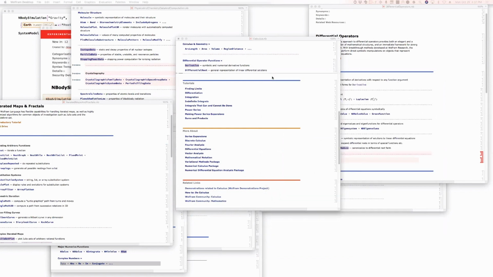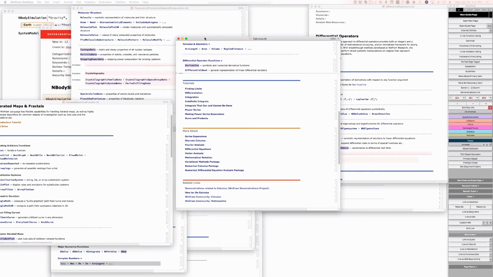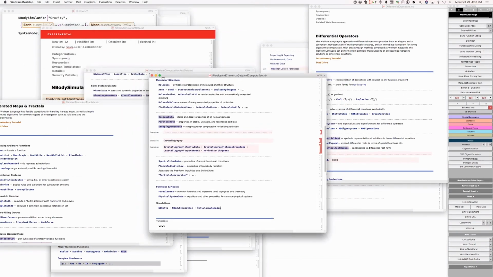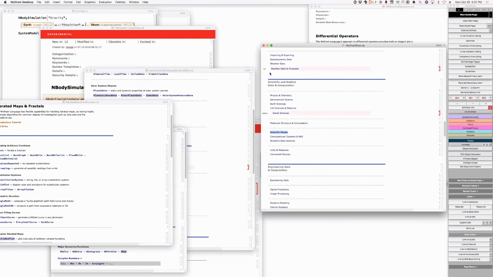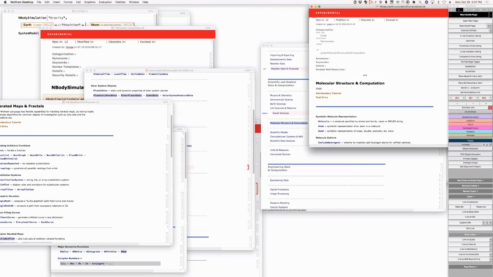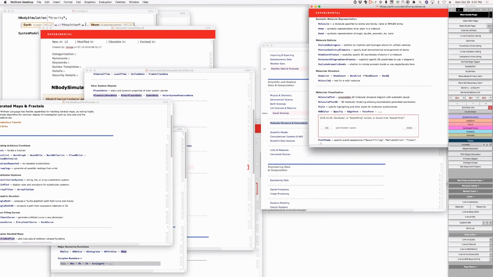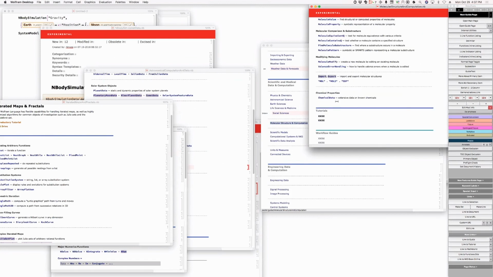Okay, let's just think about where else we're going to put this. NBody. I think this is a reasonable set of places. As long as, I think the differential equations page is really important, and physics, okay, astronomy, that seems to cover it. Molecular structure and computation. That's where we're going to want those other potentials, right?